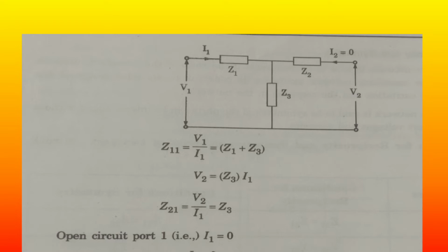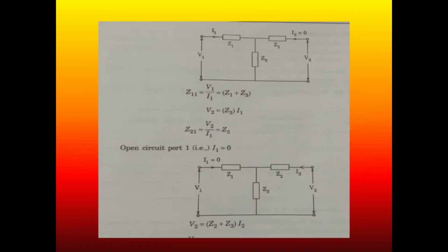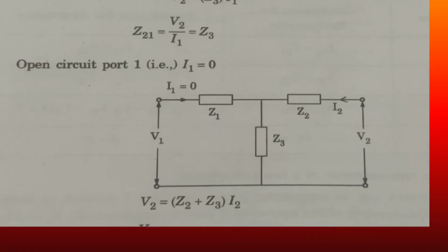Similarly, when you open circuit the input port I1, what will we get? V2 will be equal to Z2 plus Z3 into I2.